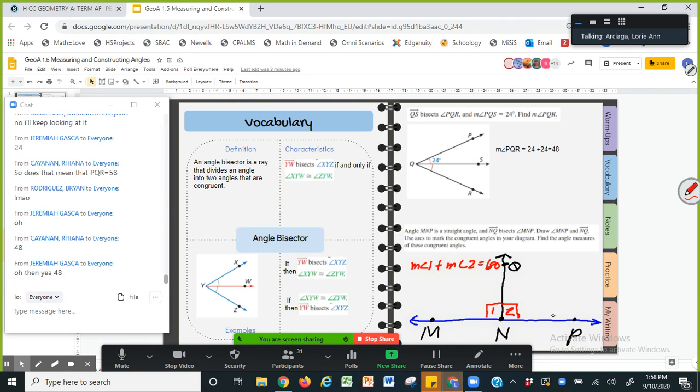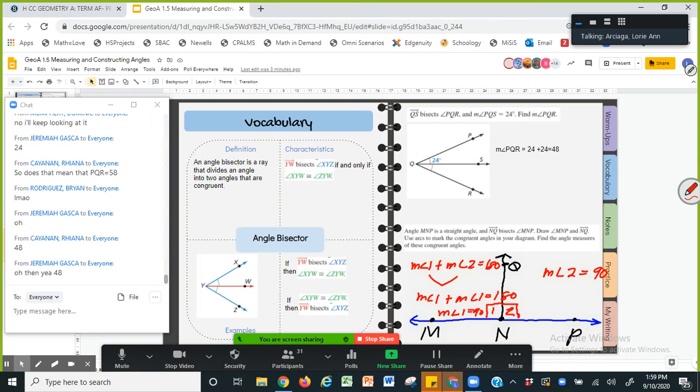So I know that these two must be equal, so you can replace one by the other, equal to 180. So measure of angle 1 is 90 degrees. So if measure of angle 1 is 90 degrees, then automatically measure of angle 2 is also 90 degrees.